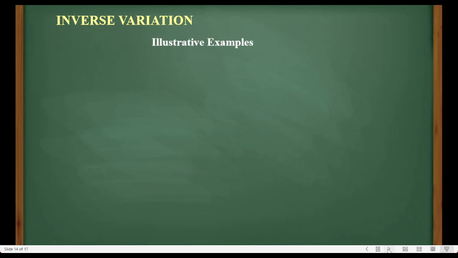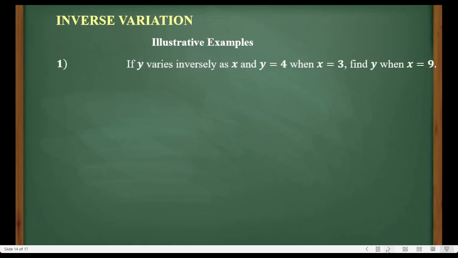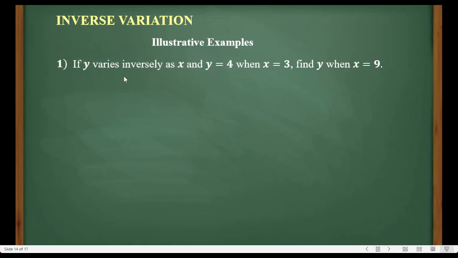Let's take some examples. Number 1, if y varies inversely as x and y is 4 when x is 3, find the value of y when x is 9. So, we simply translate this statement, y varies inversely as x, by using k, or the constant of variation. So that would be y equals k over x. And from that equation, k is the product of x and y.